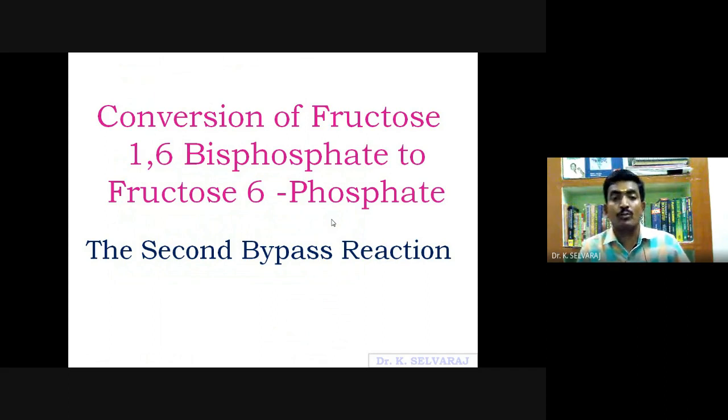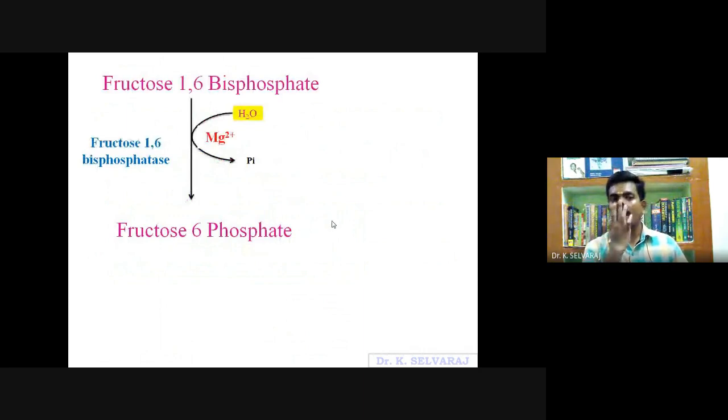This phosphofructokinase is an irreversible enzyme; it does not convert in the reverse direction. So a new enzyme is needed, called fructose 1,6-bisphosphatase. It helps transfer a phosphoryl group from fructose 1,6-bisphosphate, specifically the phosphate group from the first carbon atom.